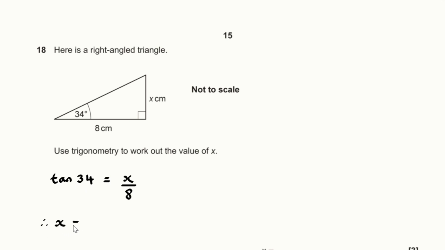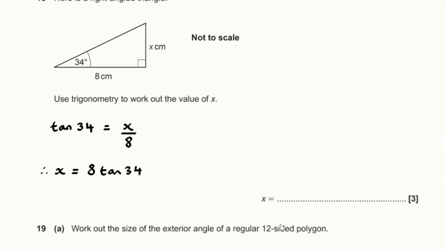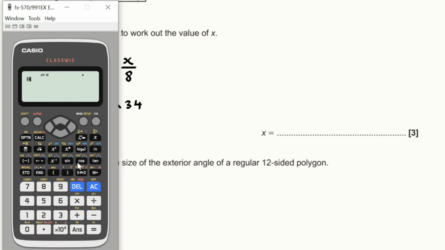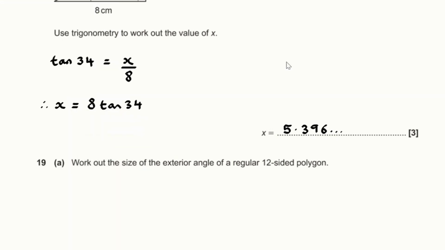So therefore, x is equal to 8 times the tangent of 34. So if I work out what this is, 8 times the tangent of 34 is 5.396, etc. So that's what x is.